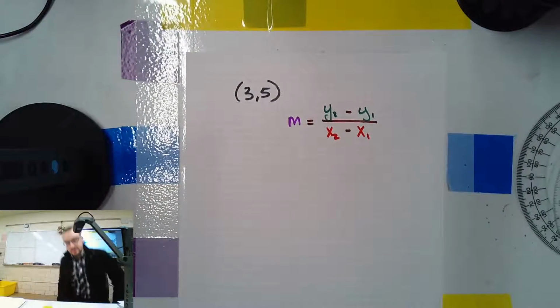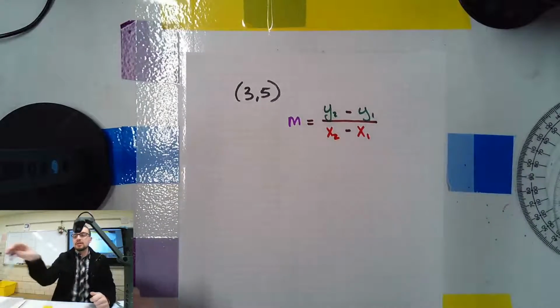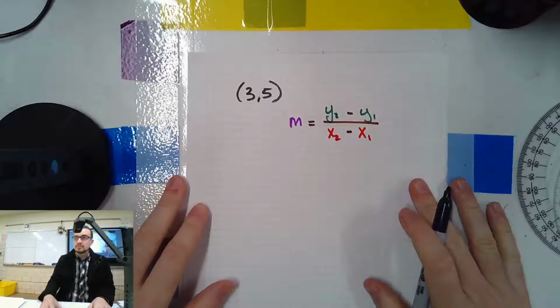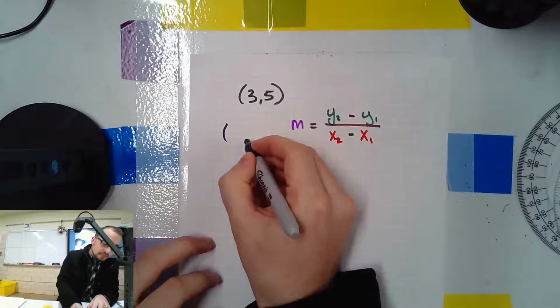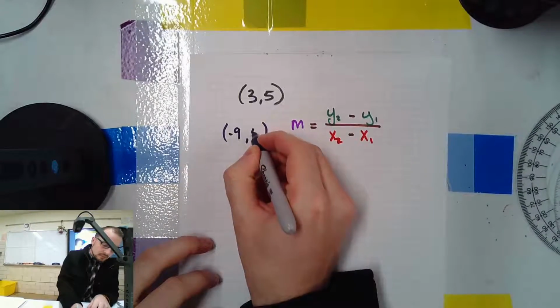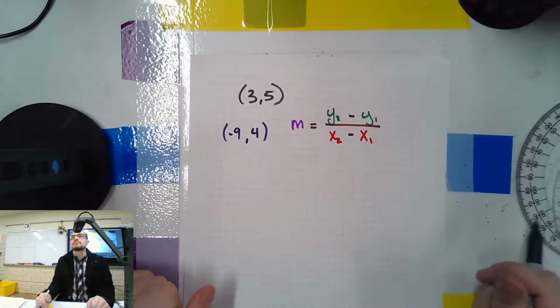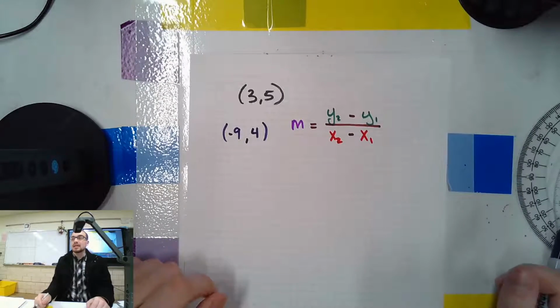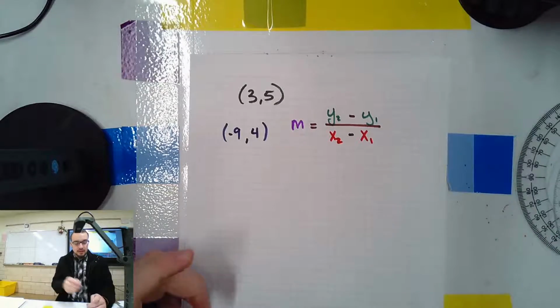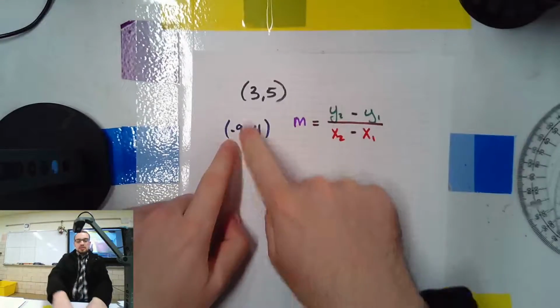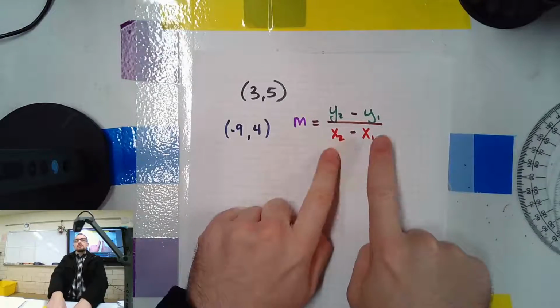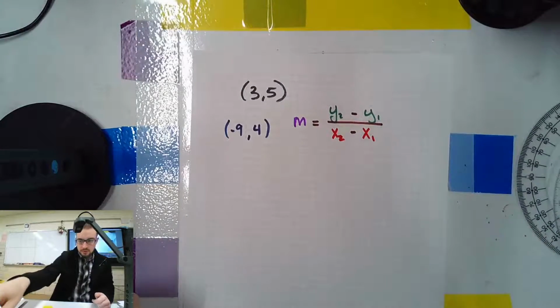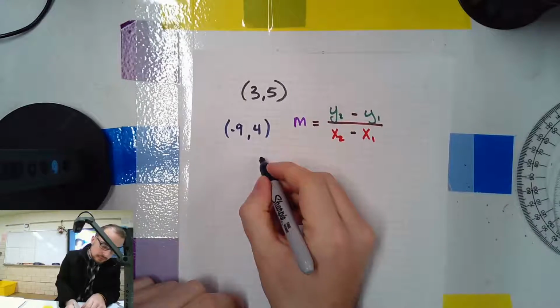So give me a coordinate that we want to check out. (-9, 4). Are we allowed to use negative numbers? No, so we're breaking the rules, but that's okay. What's the slope? Do we need to write it all out, or can we do this in our head?